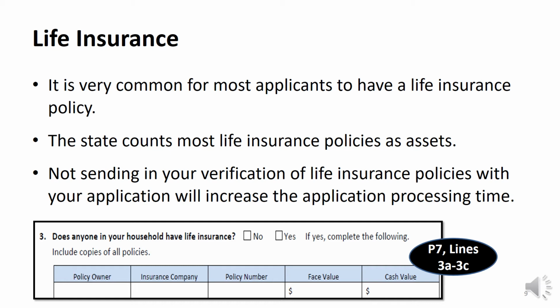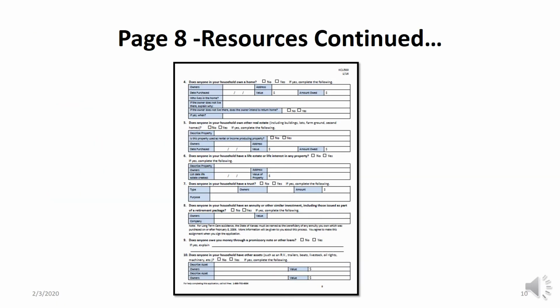To verify a policy, the KDHE eligibility team asks the applicant to request a letter from the insurance company which contains the following six items: the policy number, the policy owner, type of policy, for example, whole life or term, number four, the face value, the cash value, and number six, any loans which have been taken out against the policy. Page 8 of the application, the resources are continued.